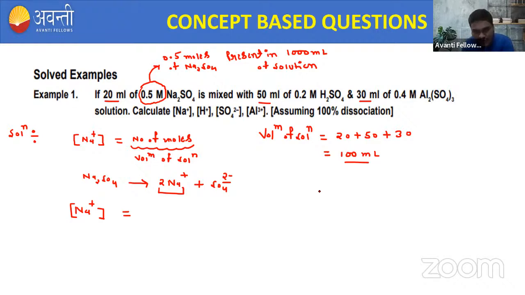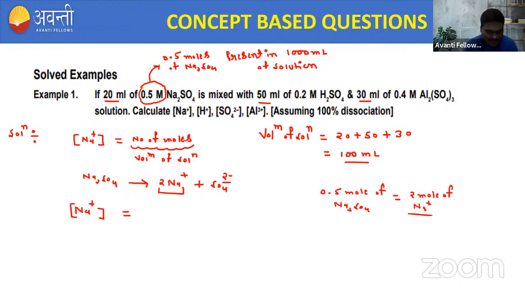We know that 0.5 mole of Na2SO4, mole of Na2SO4, contains 2 mole of sodium. So 2 mole of Na+ and 1 mole of sulfate.